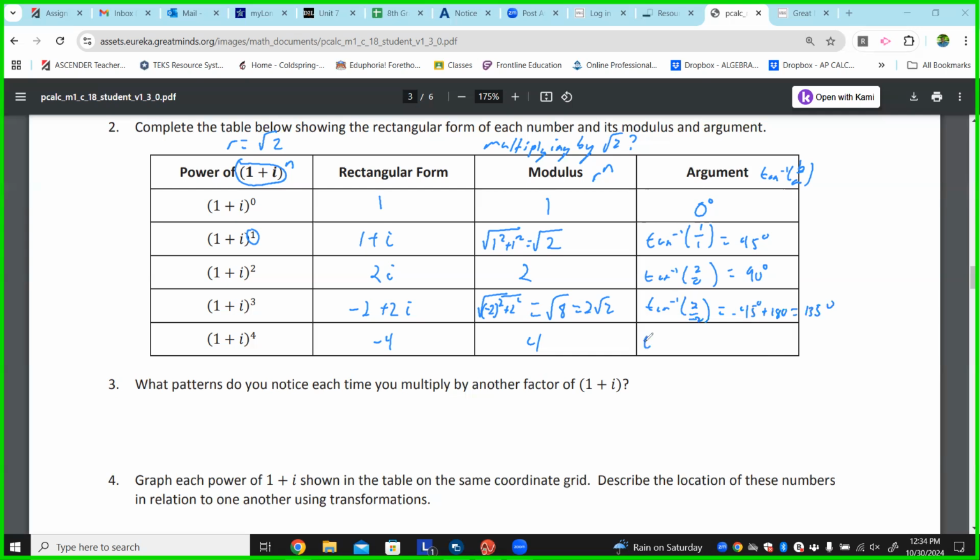So that'd be tan inverse of 0 over negative 4. What would you get in the calculator?